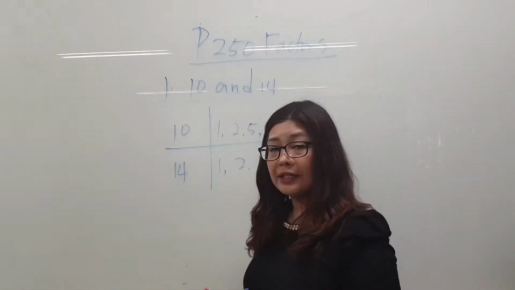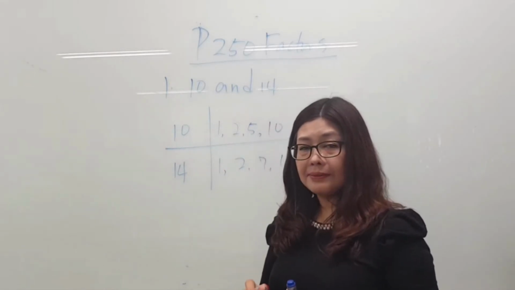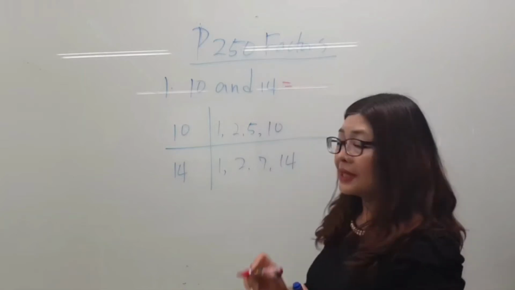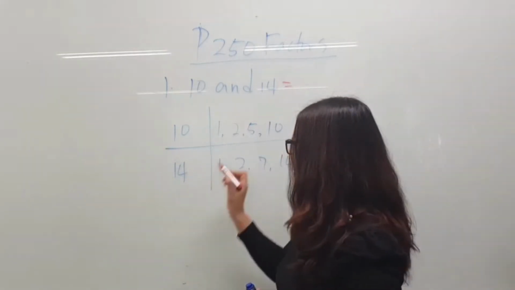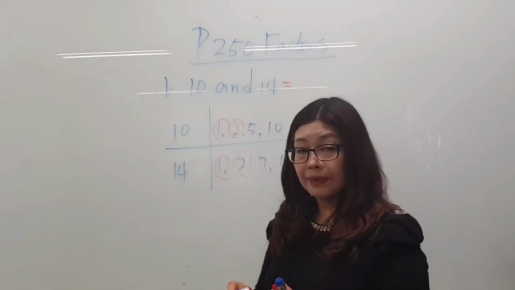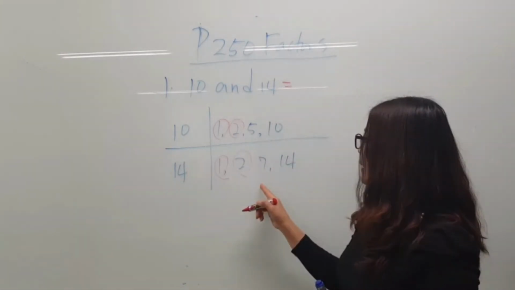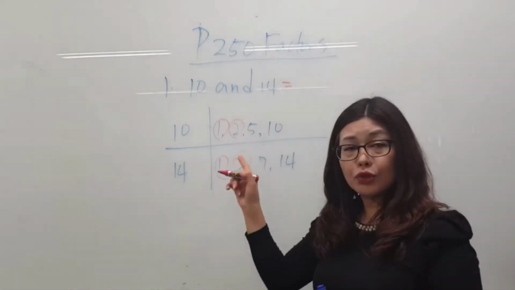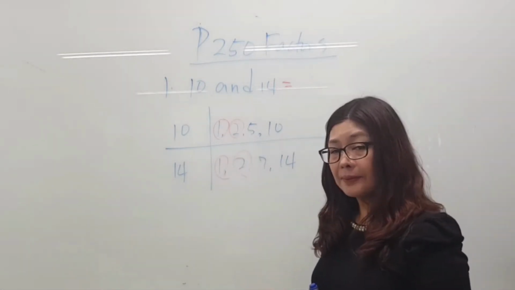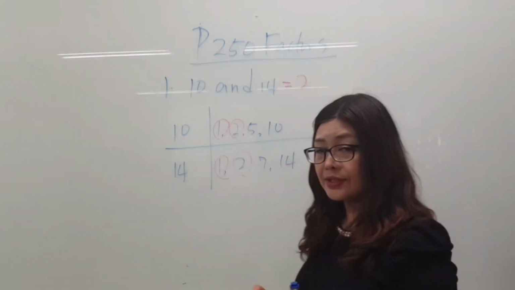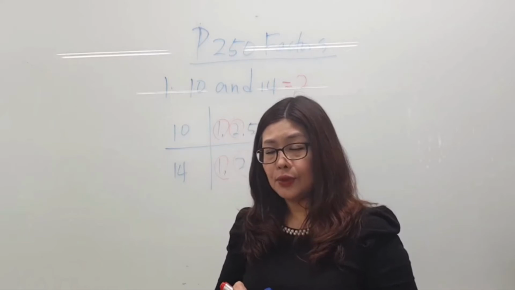Now you have to find the common factors, because we need the greatest common factor, so we circle the numbers that both of them have. You have 1 and 2. Choose the bigger number, that is 2. So your greatest common factor is 2.